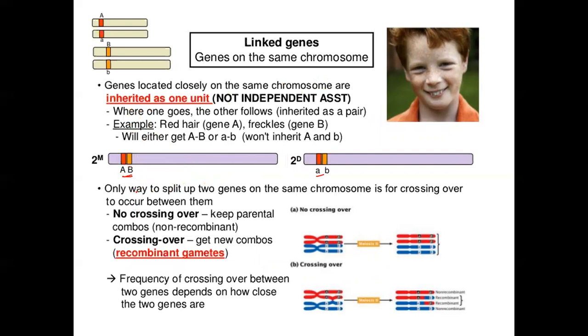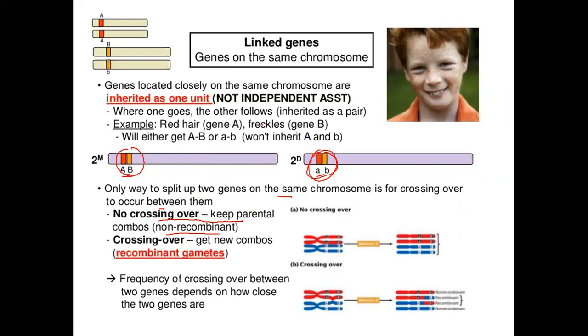Keep in mind that even with crossing over in meiosis, these two are often inherited together. The only way to split up those genes is if crossing over occurs between them. If no crossing over takes place, we have non-recombinants. Even if you cross over, when the genes are very close together, they're often inherited together.